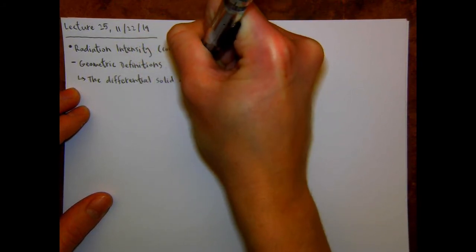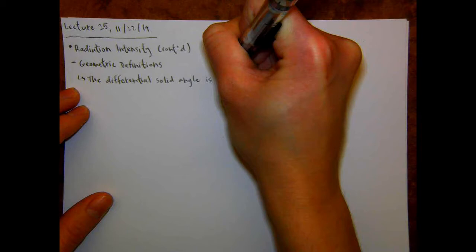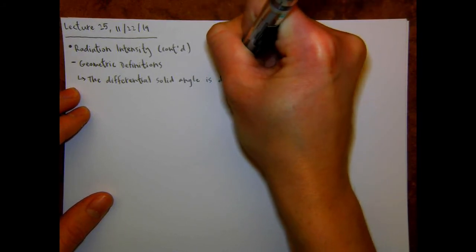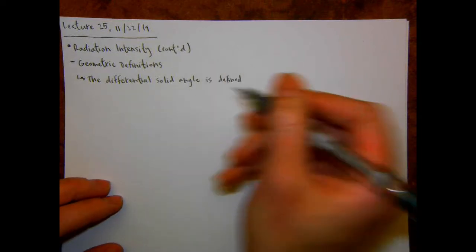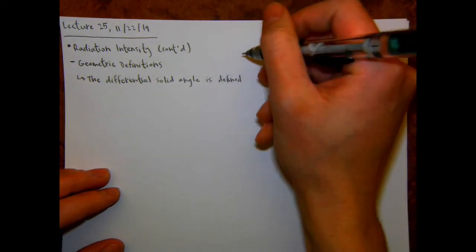So the differential solid angle. Instead of being defined like a plane angle, a plane angle is defined by the region between the rays of a circle, and a solid angle is defined by the region between the rays of a sphere. And I'll show a schematic in a minute to clear that up.